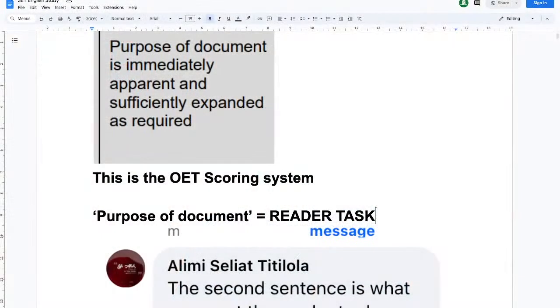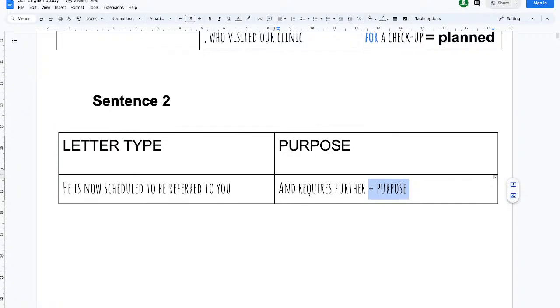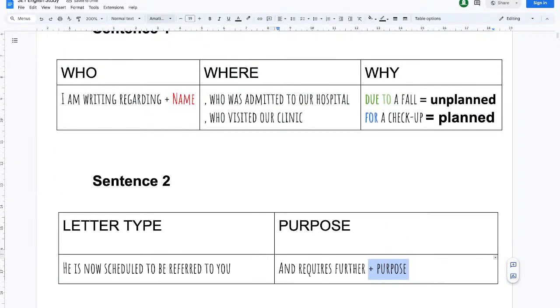Okay, so guys, this is the purpose, and the purpose is here: care and support. But it might be assessment. It might be, guys. If you're watching on YouTube, if you're watching on Facebook, what other things can this be? There's many possible things, right? Plus purpose. What can we say? We can say so many things here.